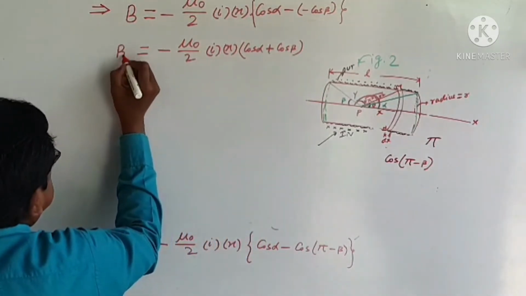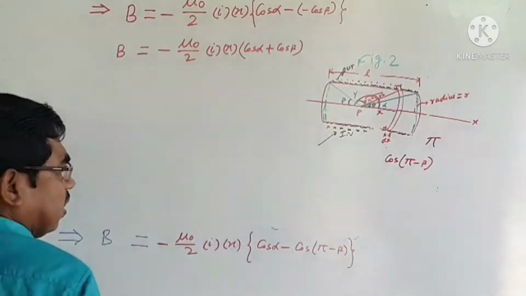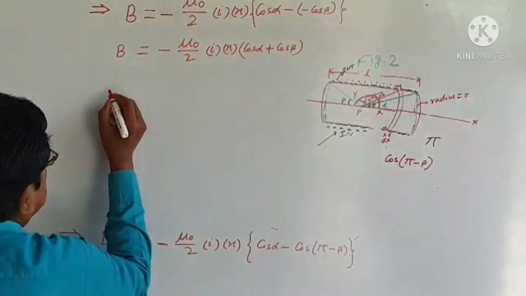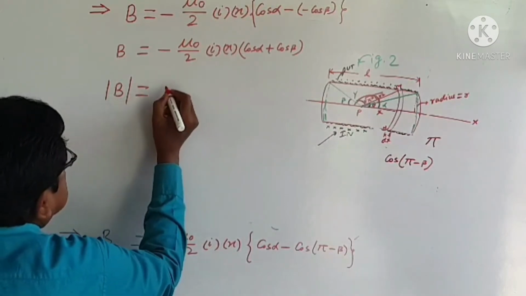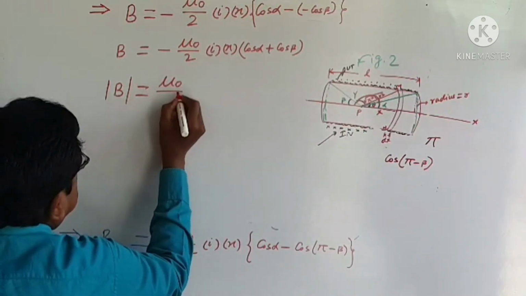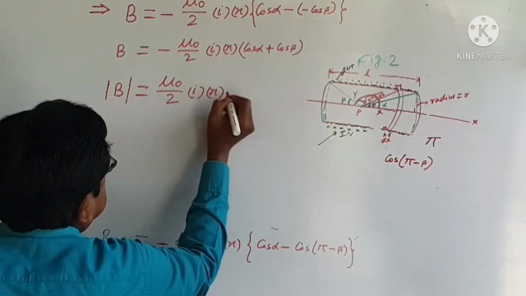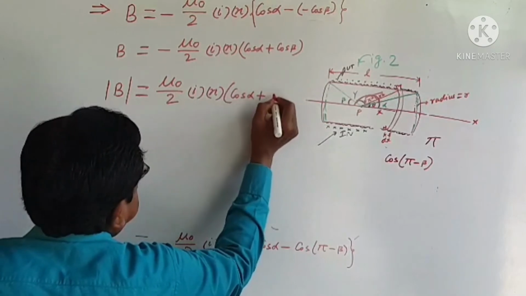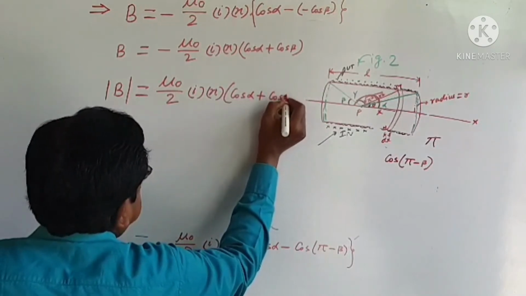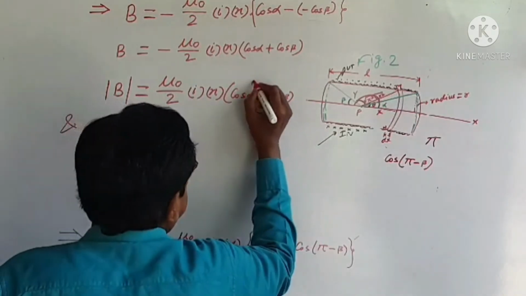This is the magnetic field intensity, and the negative sign has no importance here because we want the magnitude of B, which is mu naught over 2 I n times cosine of alpha plus cosine of beta, and this is the scalar form.